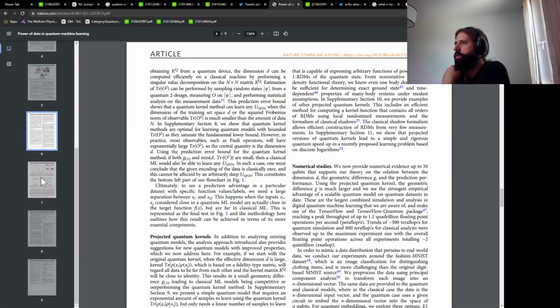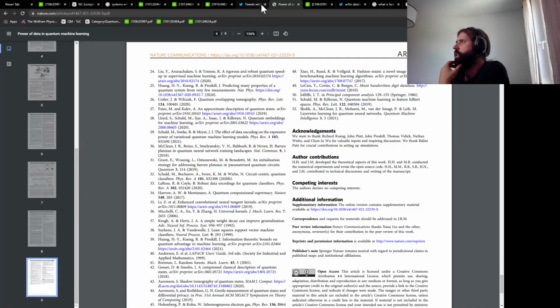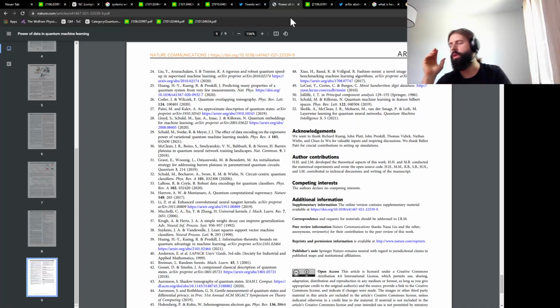But I get the gist of the story, whereas I know that quantum machine learning is of no use if the data you have is classical. And if the data is quantum, then it's a bit more unclear, but it seems like that's the way it's supposed to be.